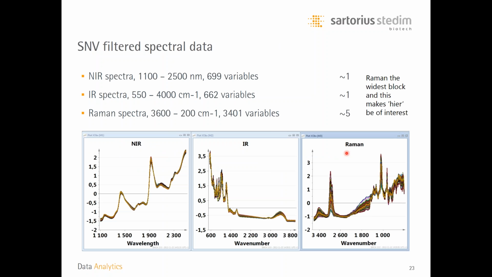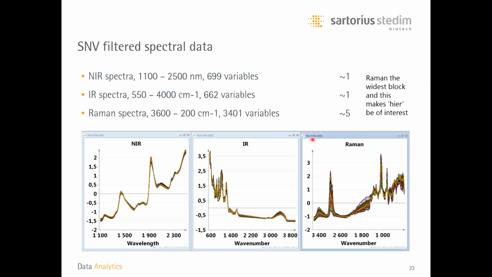Here we see the spectral data after SNV filtering, standard normal variate filtering. Here we have the NIR data, which make up 700 variables. It is in the 1100 to 2500 nanometer range. In the middle we have IR spectra, also pre-processed using SNV, and in the right-hand part we have the Raman spectra.